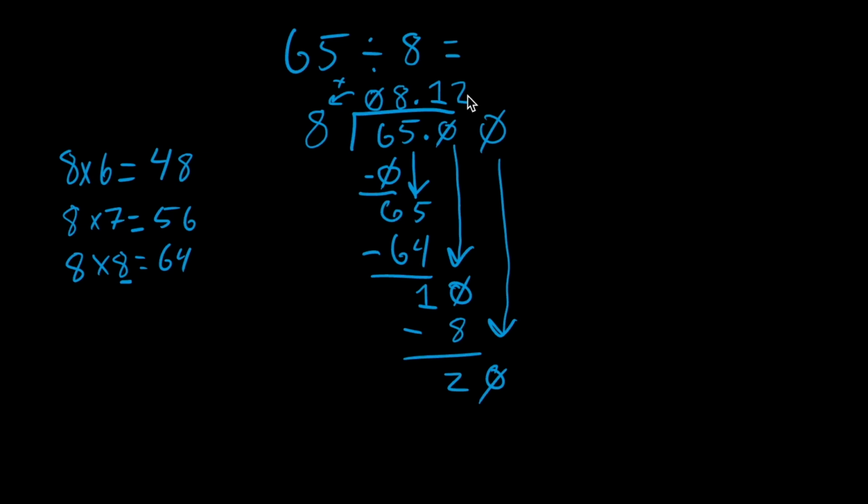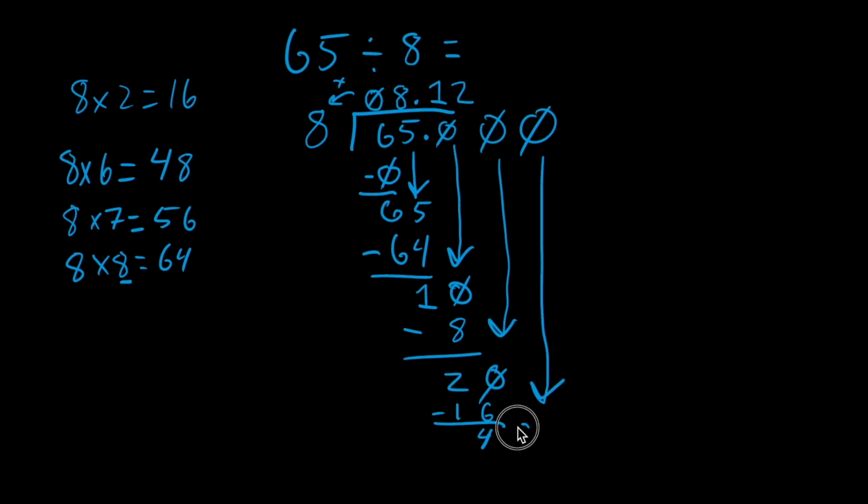And what is 8 times 2, or 2 times 8? That is 16. Let me write that up here. 8 times 2 is 16. 20 minus 16 is 4. And so can we fit 8 into 4? You cannot. So we have to write another 0.